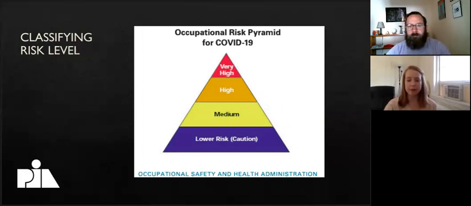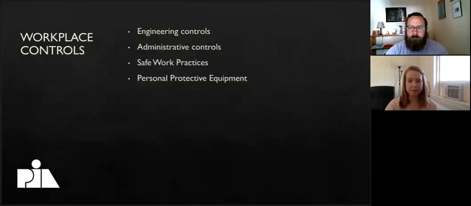The people in your office who interact with members of the general public regularly would probably fall into the medium exposure. In all likelihood, you are not high or very high, because those are almost all healthcare related, either directly or indirectly, working with people who have tested positive or have likely tested positive for COVID-19. So if you're just interacting with the general public, it's medium risk.